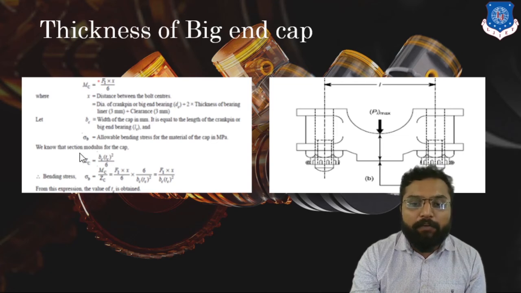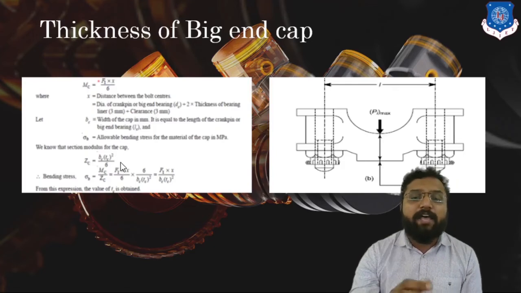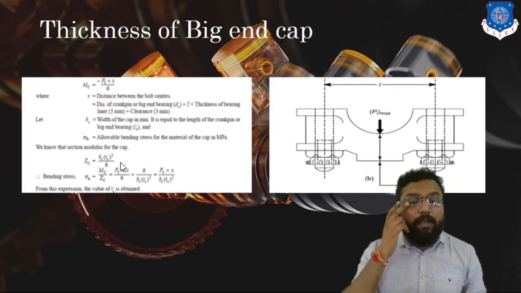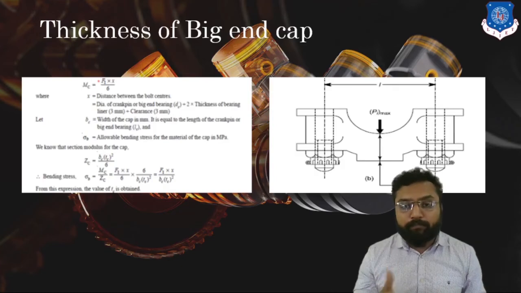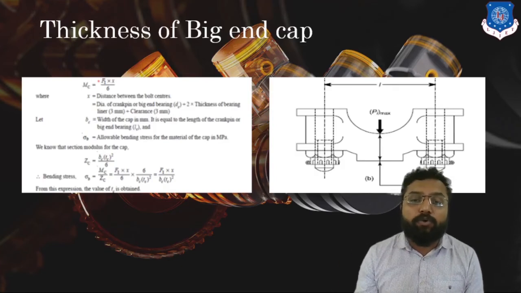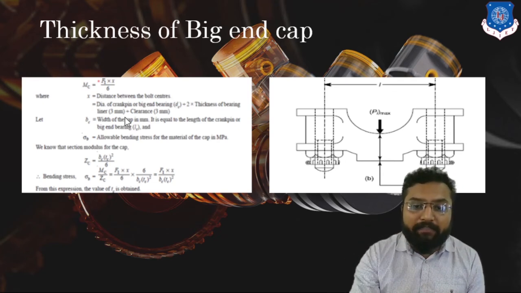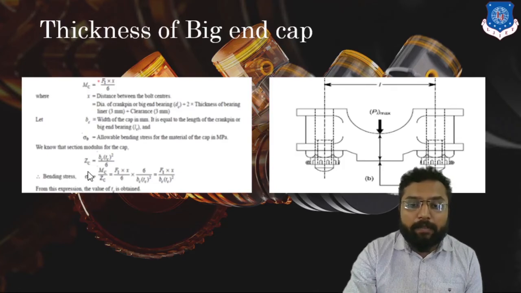So ultimately, from this moment, we can find the equation of section modulus. How can you find the section modulus? M by I is equal to sigma upon y, where I by y is equal to your section modulus Z. So section modulus Z is equal to moment divided by stress. So ultimately stress will be moment divided by section modulus.